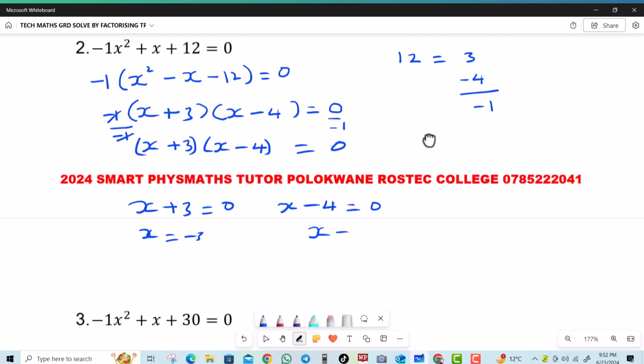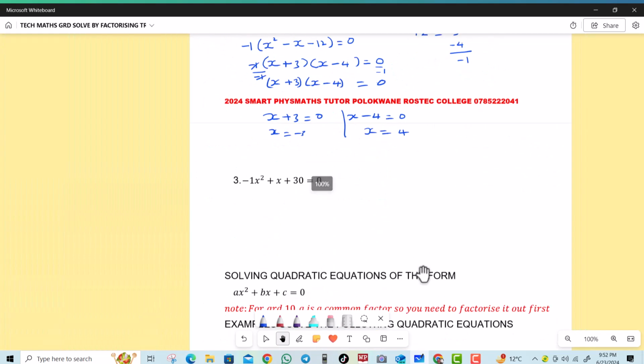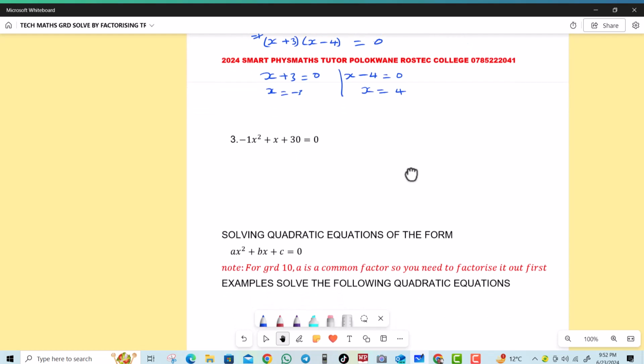So these are the two answers which we have here. All right, now I'm using the same method. You can do for me this one here: negative x squared plus x plus 30 equals to 0.